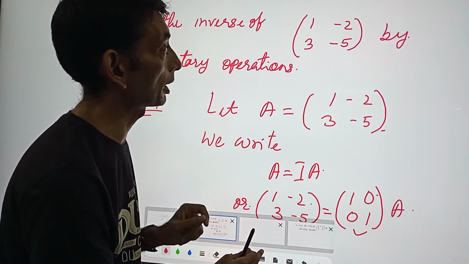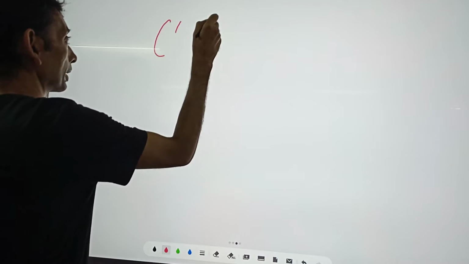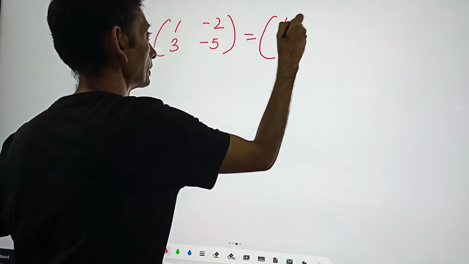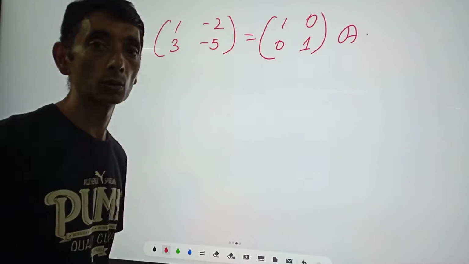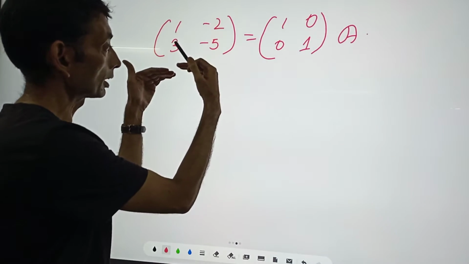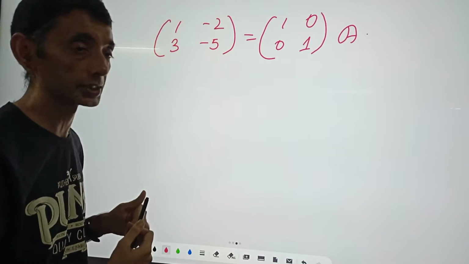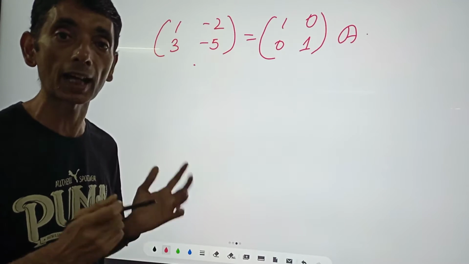Our matrix is 1 minus 2 3 minus 5, 1 0 0 1, A. We will be using row operations, and after certain row operations our objective is that this left hand side matrix is converted to an identity matrix.